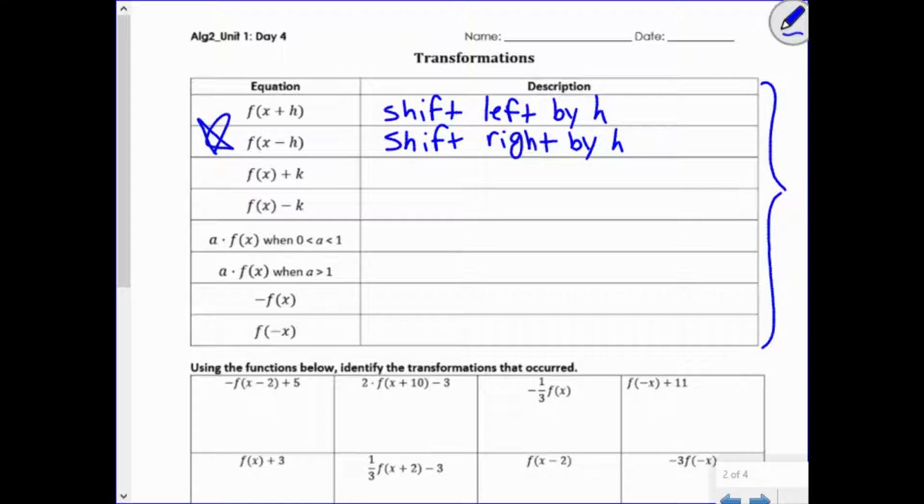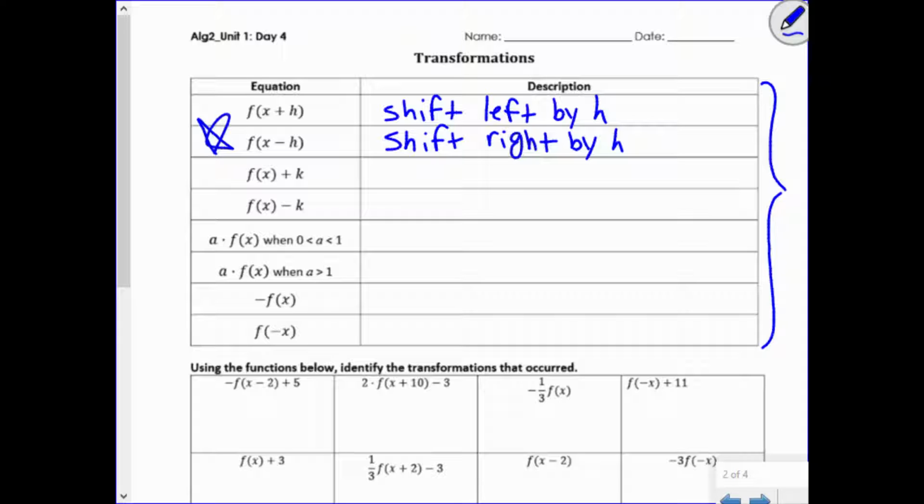But when your number is inside of parentheses, or inside of a function, it could be a square root, if it's inside of a symbol or parentheses, you have to reverse what you would normally think. Okay? So these are unique, that when you see the sign, you have to think the opposite of what you would normally expect. So when you see plus 4 inside of the function, you have to think the opposite of that, which is left. And the same for subtraction. You normally think left, you have to think the opposite, actually right.